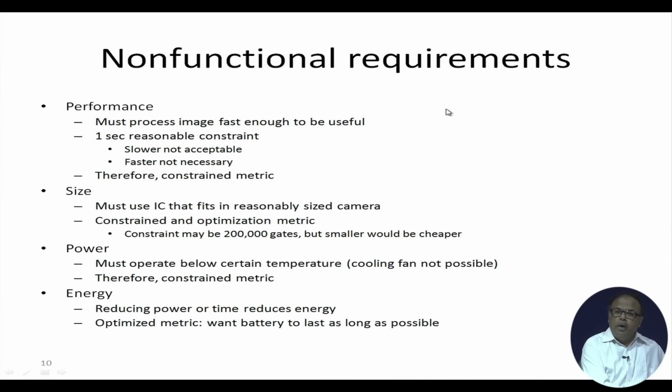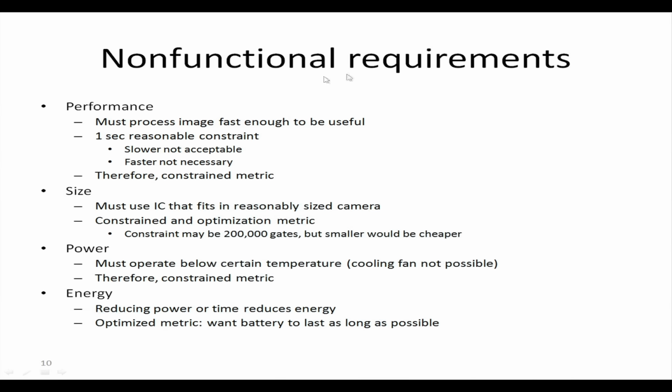we are going to start a design in the next class, but before that let us look at what are the non-functional requirements. All those functions, whatever we have talked about, CCD, image compression, encoding, those are functionalities, those have to be done. But what are the non-functional requirements? The performance is that we must process the images fast enough to be useful. Okay?